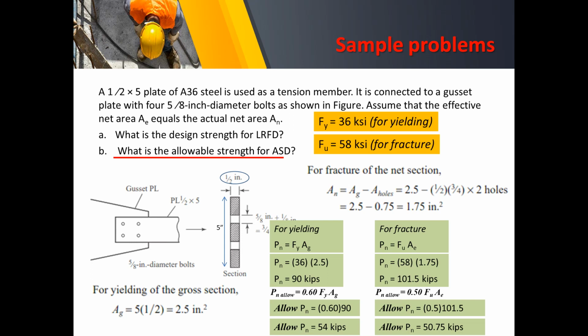So in this example for ASD, 50.75 for fracture is less than 54 kips. For the allowable strength, we always choose the lesser value between yielding and fracture. Hence, the allowable strength for ASD here would be equal to 50.75 kips.